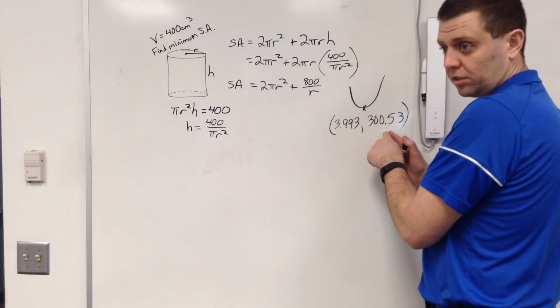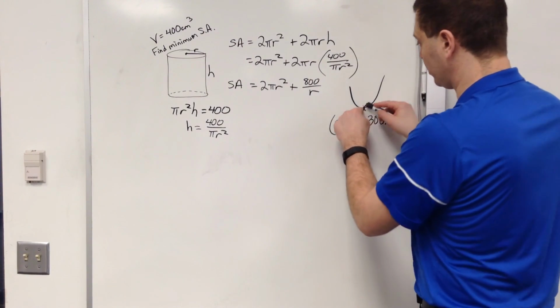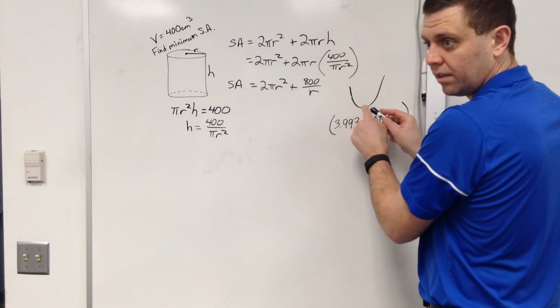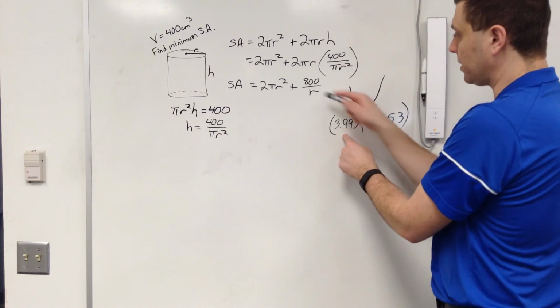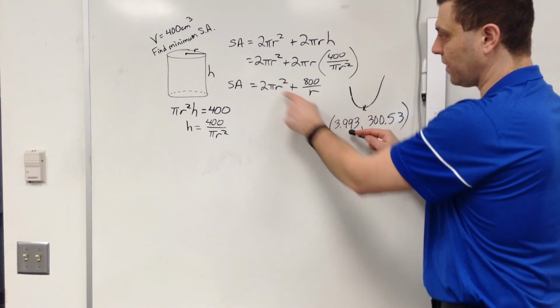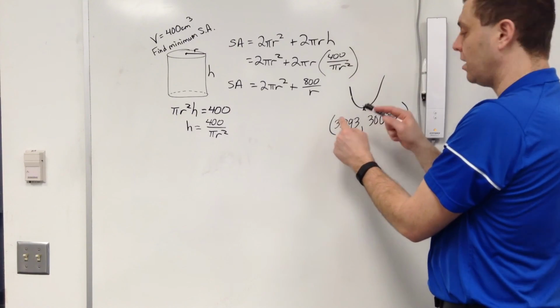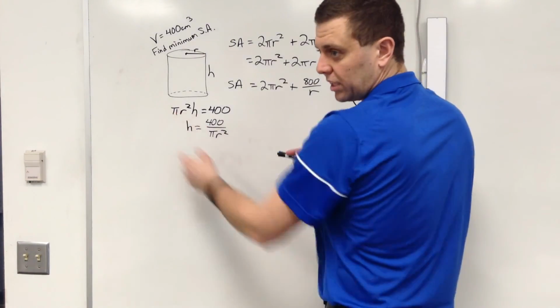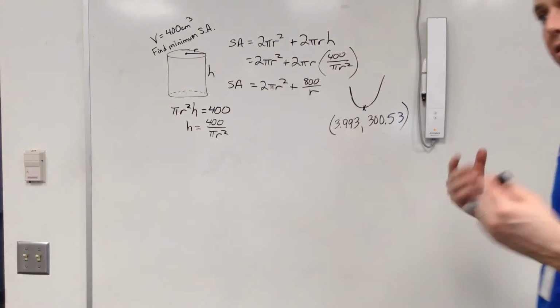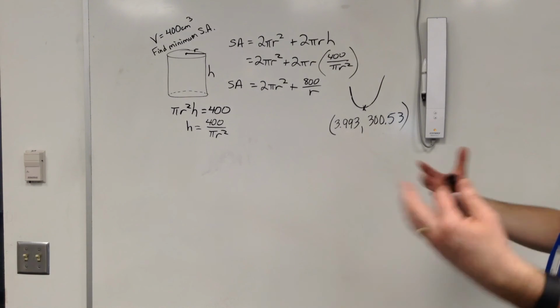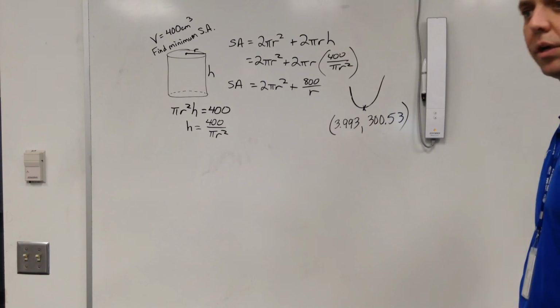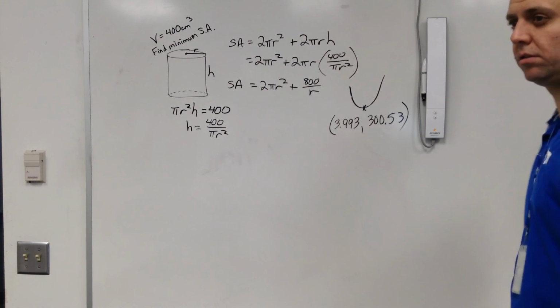Well, we know this is the smallest surface area because all the other surface areas around it were bigger. And we know the radius because the way we wrote our equation, my x value represents my radius. So you know this, plug it in here to get that, write down the answer of your radius and your answer of your height, and that will be the answer to that question. Good? Good. All right.